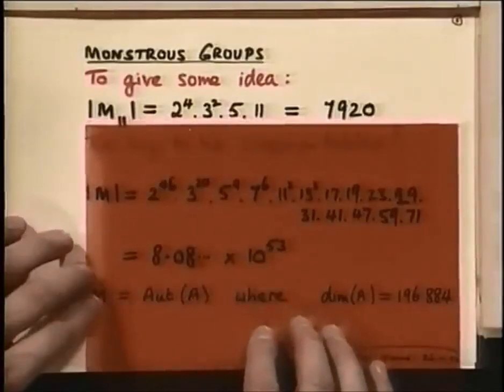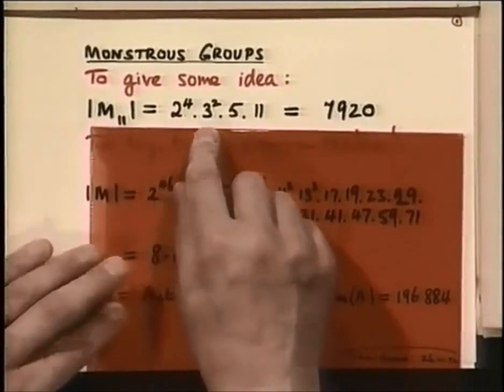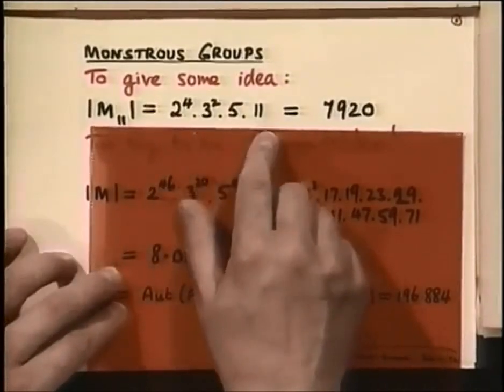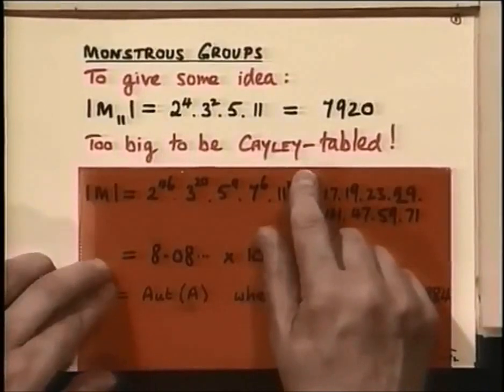Just to give you some idea of the size of these things, the smallest of the sporadic groups is the Mathieu group M11. Its order in factorized form, which is the way it comes out in group theory, is 2 to the 4th times 3 squared times 5 times 11, which is 7,920. It's very small by modern standards, but it's far too big for this group to be described by a Cayley table.